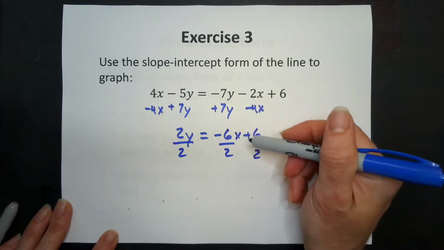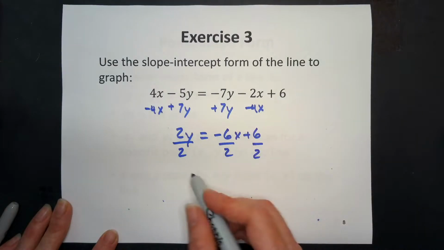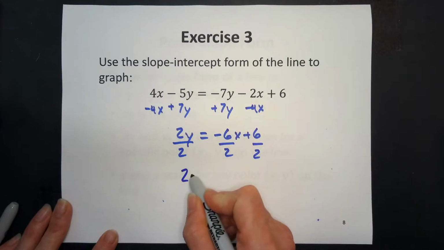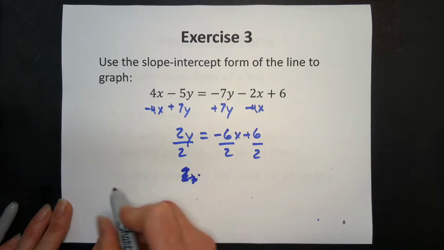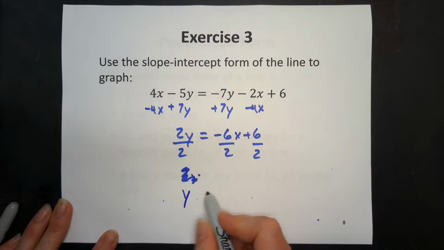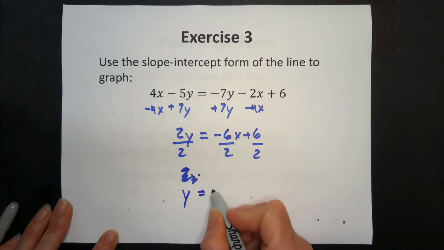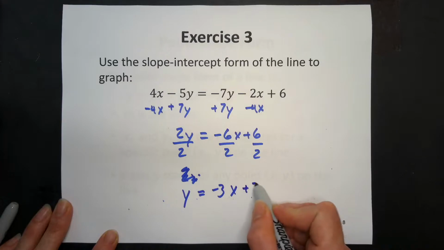I divide each term by 2, not the whole thing by 2, because I want the individual coefficients. That's going to give us y equals negative 3x plus 3.